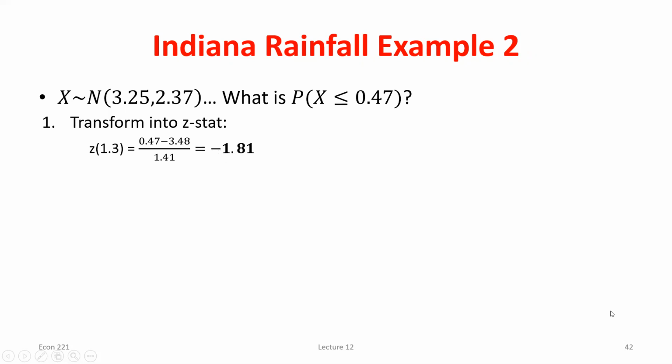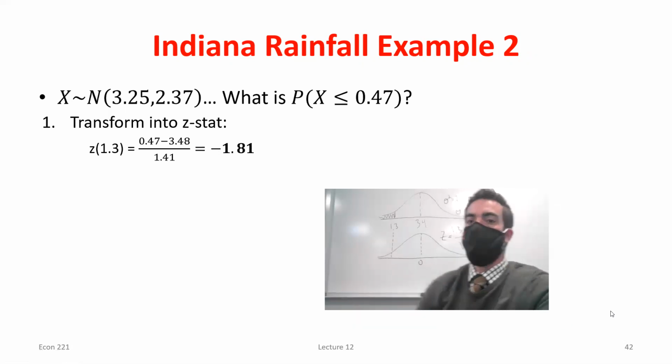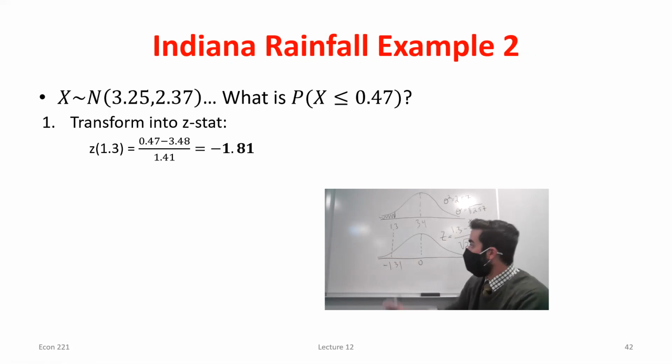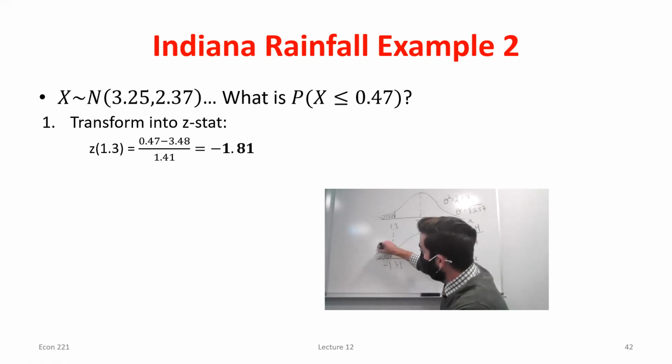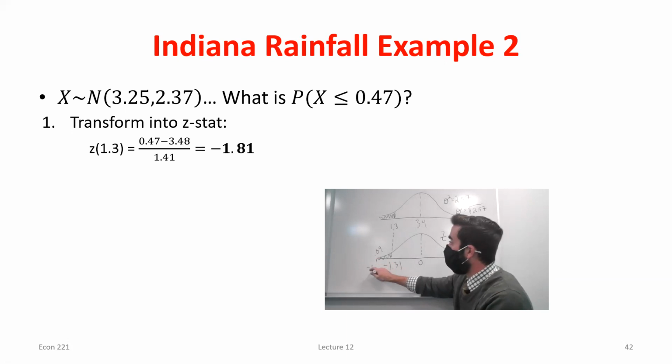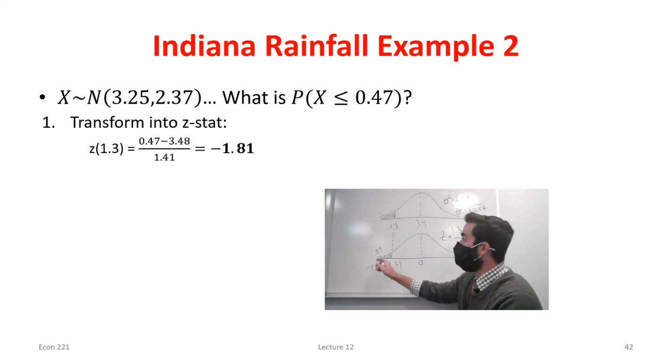So first of all, if I think about the example that I just did, I had a z-score of negative 1.31 in the previous example. And I found the area to the right of it, and I can't remember the exact number, it was 0.09 something, 58 or something like that. If I now look up a z-score of negative 1.81, what do I know that area has to be less than?